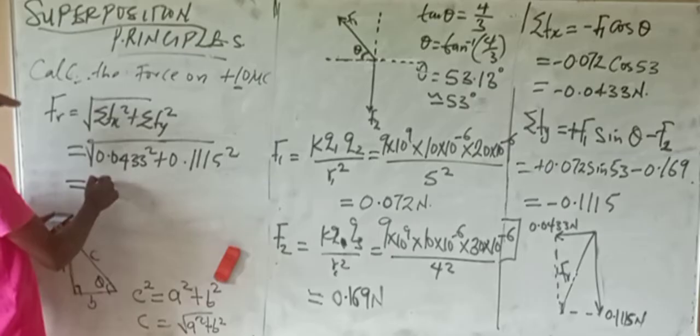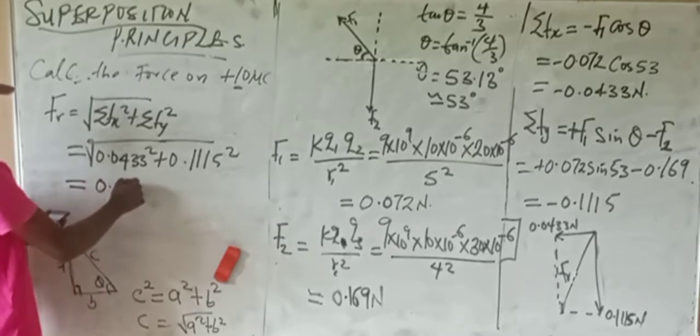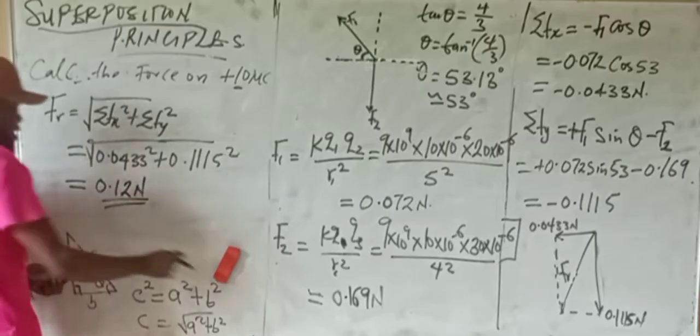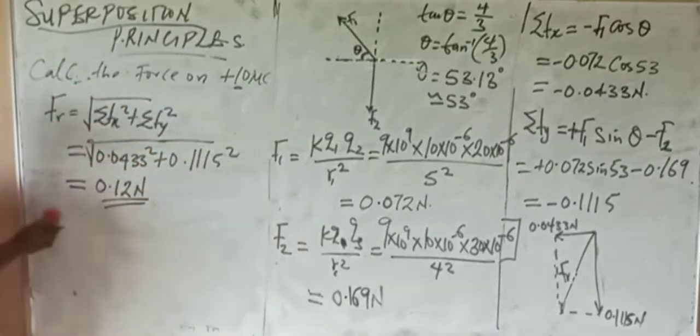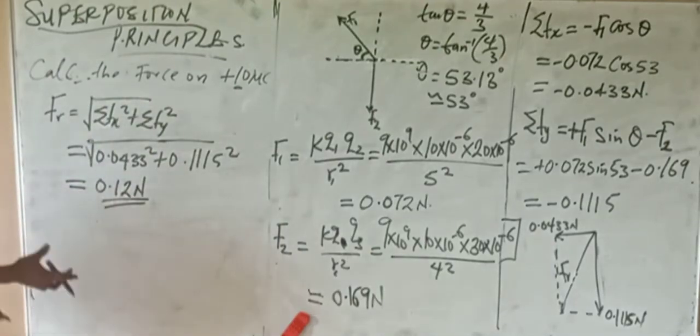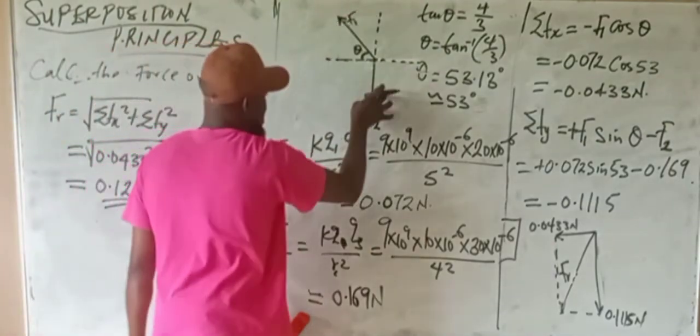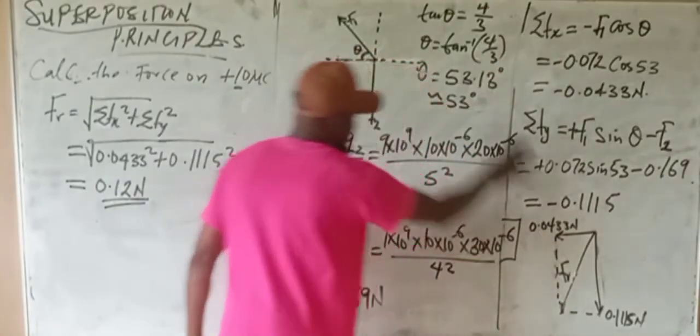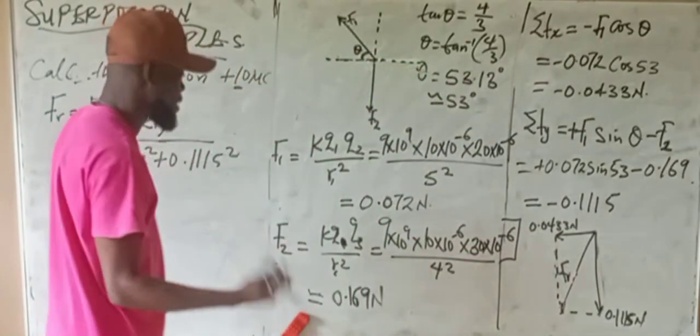Don't include the signs. So I'm having 0.11. Okay, let us say 0.12 units. So that's what I'm having as the net force, or the magnitude of the total force.